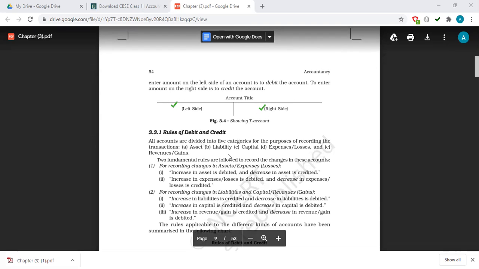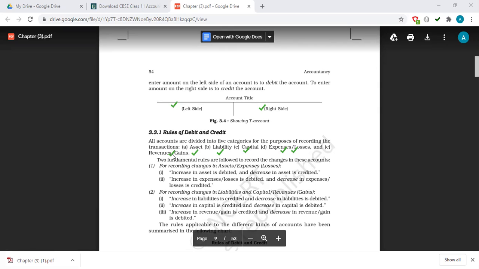The rules of debit and credit. All accounts are divided into five categories: assets, liabilities, capital, expenses or losses, and incomes and gains or revenues and gains. As I had said in the beginning, two fundamental rules are followed to record the changes in these accounts.